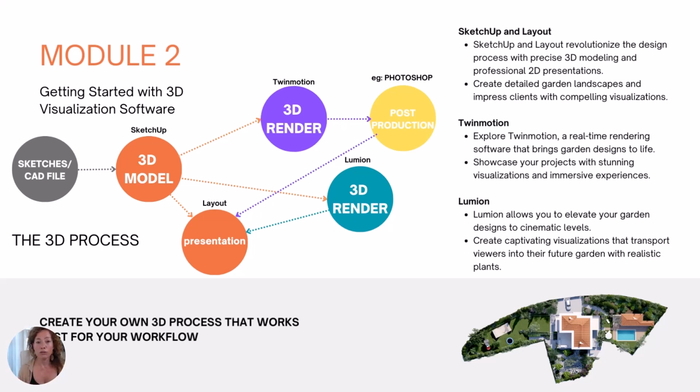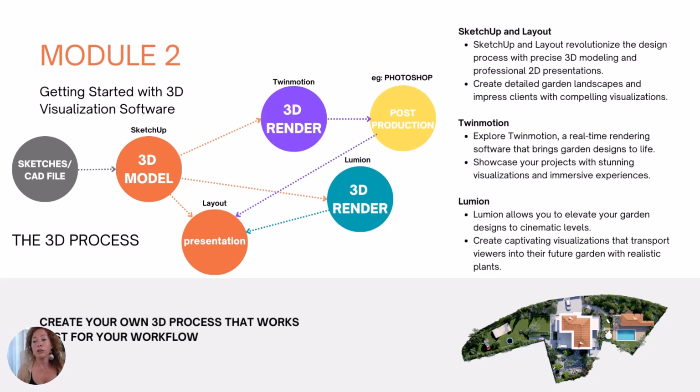It's my favorite software of all because of all the capabilities, and we're going to talk about that later on. But basically, you have SketchUp and Layout, the sister program, and you have it all here, all ready for your presentations and 3Ds, okay? So you need to create your own 3D workflow that really helps you in your everyday projects, okay?